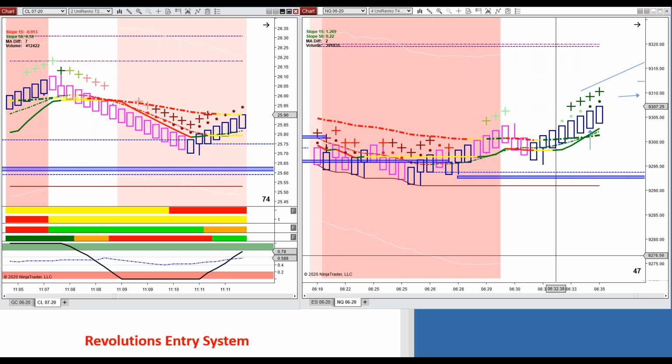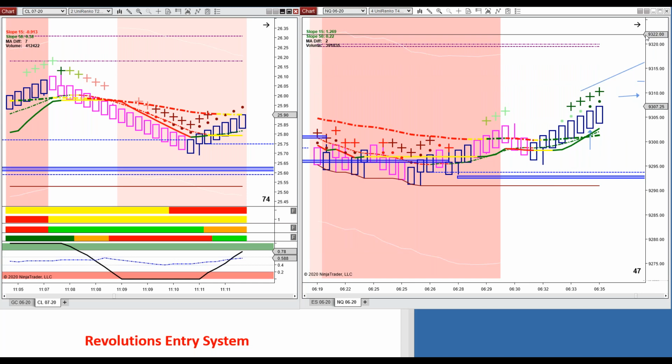But if you close NinjaTrader and then reopen it, some of the revolutions may disappear simply because of the way that NinjaTrader handles multi-time frame analysis. And there's nothing we can do about it. In fact, our fight over that got us kicked out of the ecosystem with NinjaTrader because we blamed it on them and they blamed it on us, and we know it's their fault.